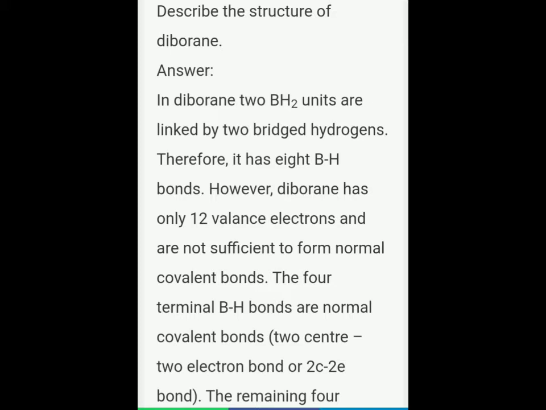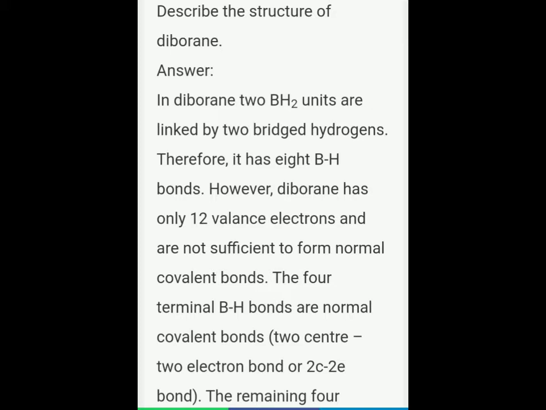However, diborane has only 12 valence electrons. So how are these 12 valence electrons possible? For boron, the atomic number is 5, so the electronic configuration is 1s2, 2s2, 2p1.